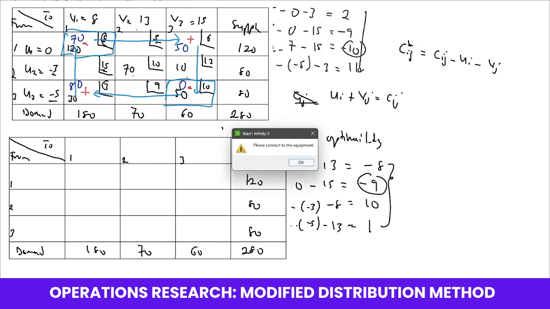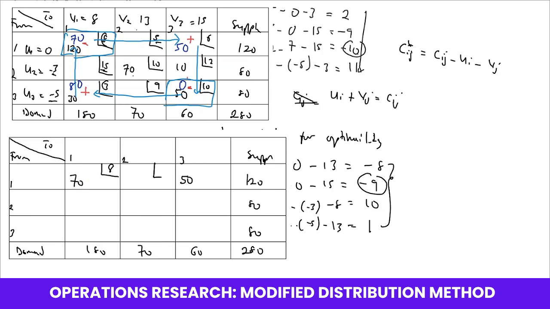So let's look at our allocations. We have 70 here, and the value here is 8. And then here we don't have any allocation. Our new allocation for this cell is 50. And then, sorry, here is 5. And then here is 6. We have 10 here, and then 12. We have 70 and 10.